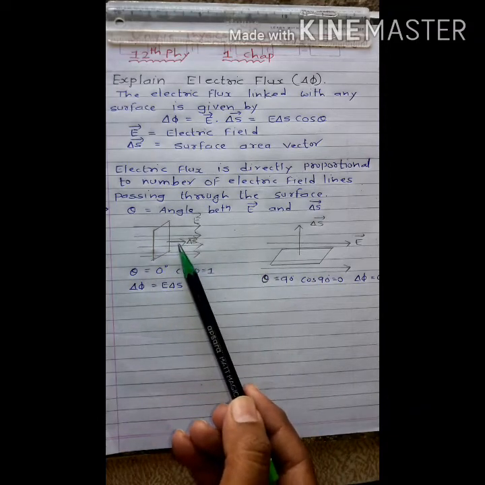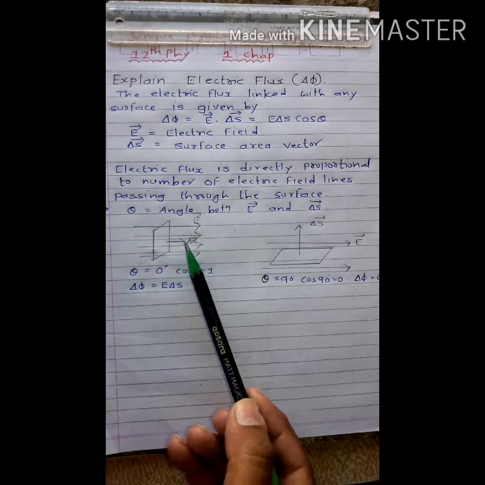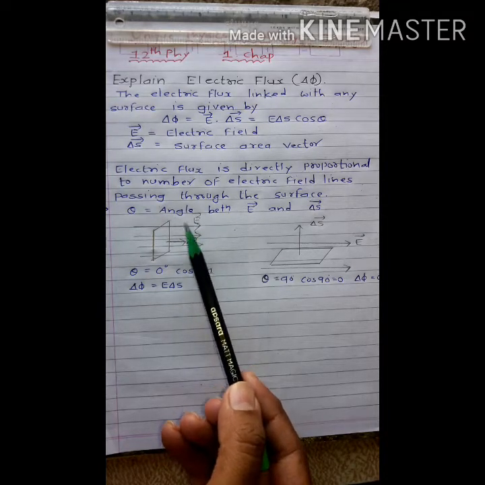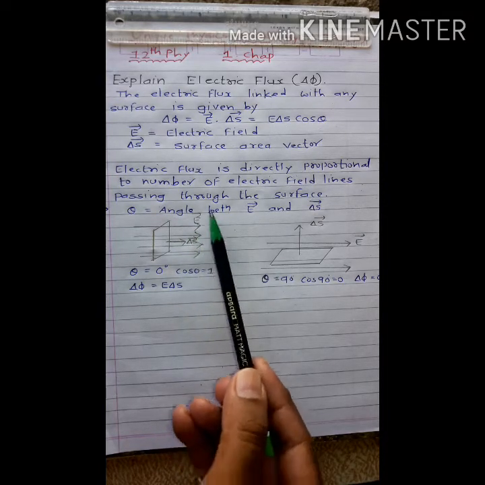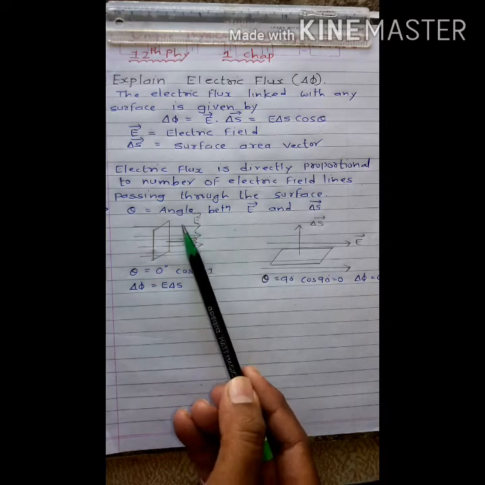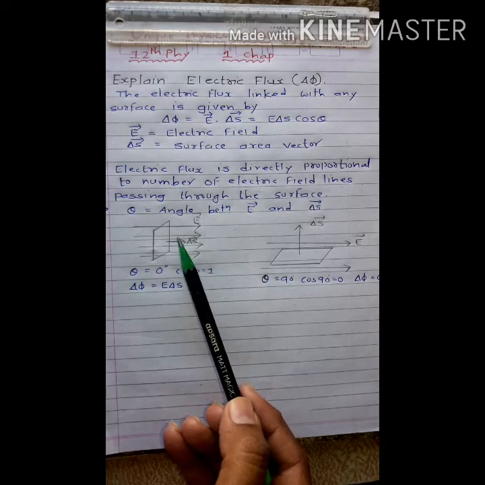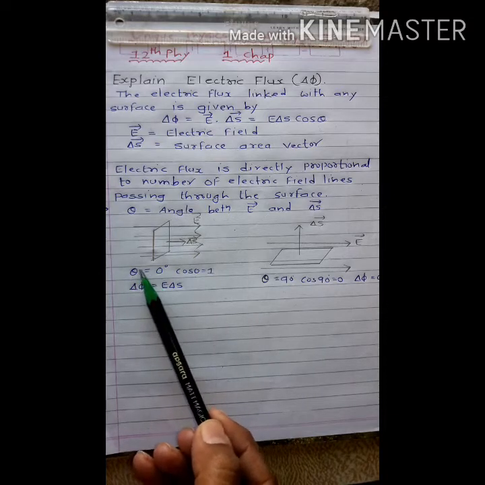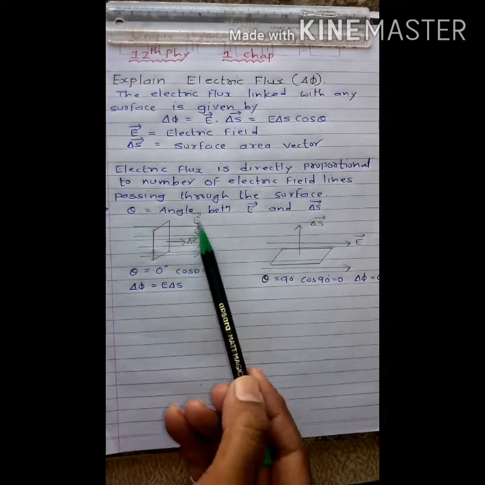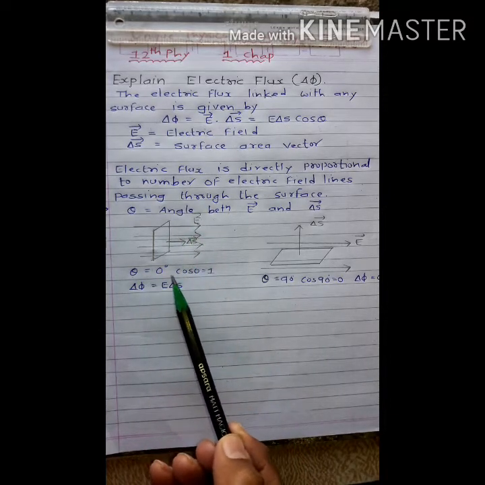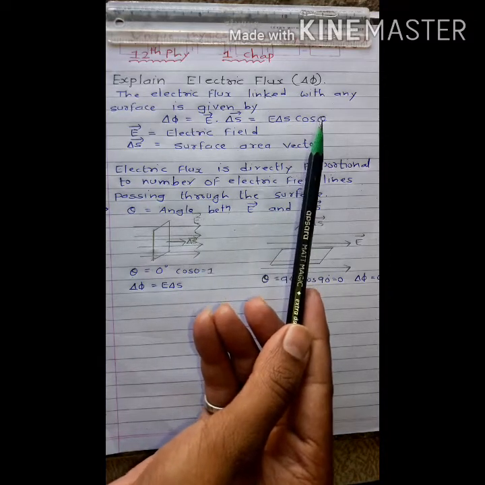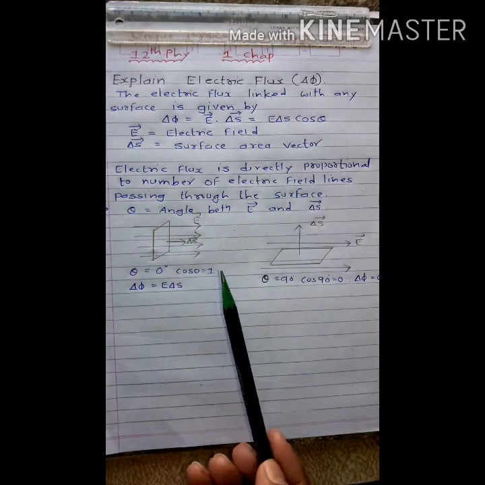For this given surface, this is the surface area vector. From this figure we can say that vector E and vector delta S both are in the same direction, both are parallel. That means the angle theta between vector E and vector delta S is 0. Theta is 0, here we have the cos function, so cos 0 is equal to 1.